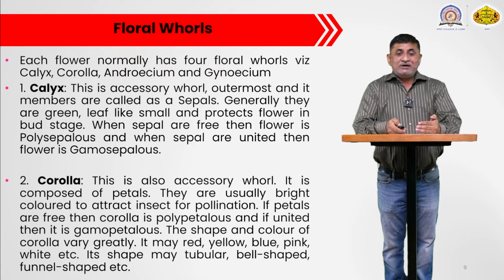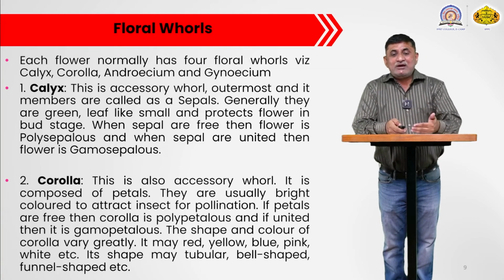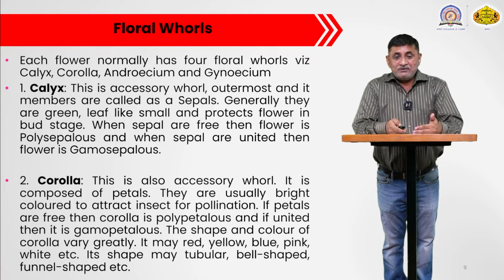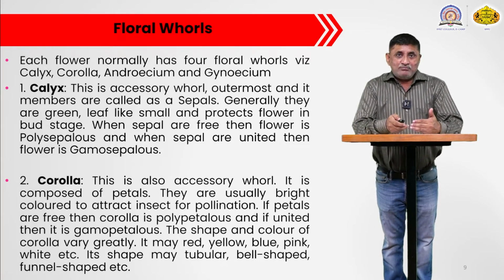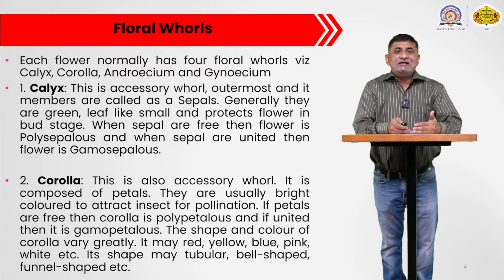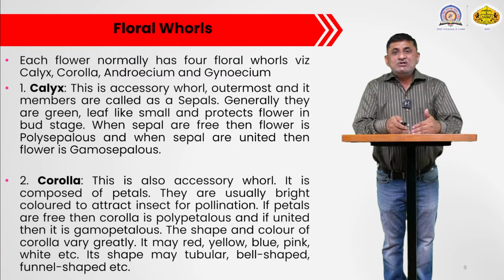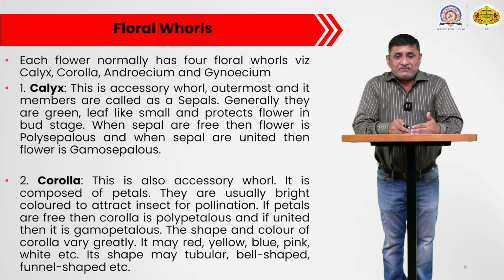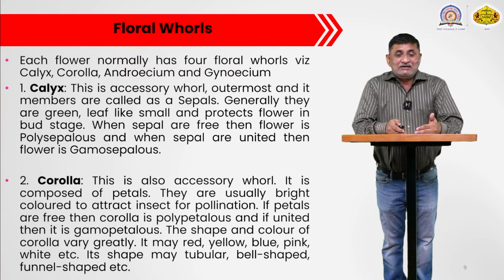The next floral whorl inside the calyx is called the corolla. This corolla is also an accessory whorl. It is bright colored. It is composed of petals. Collectively it is called a corolla, but the individual appendage of the corolla is called a petal. They are usually bright colored.